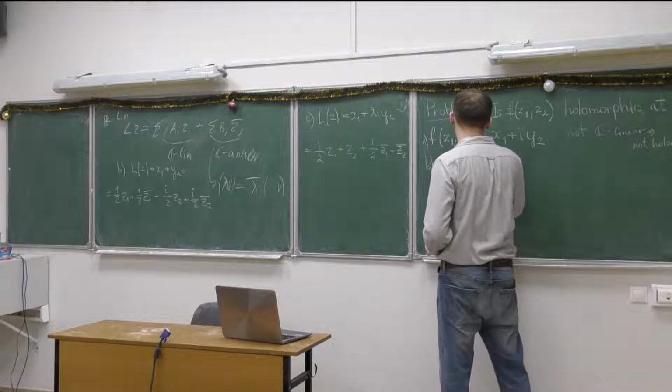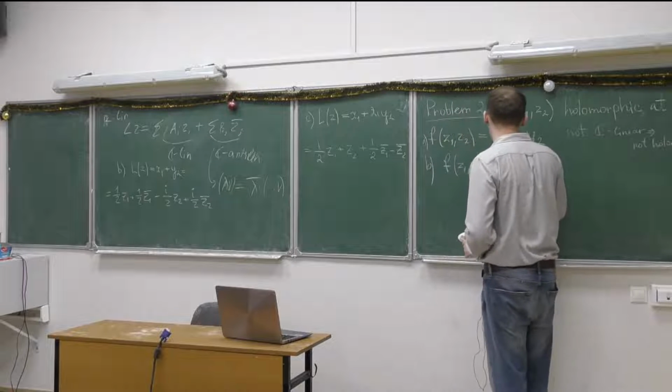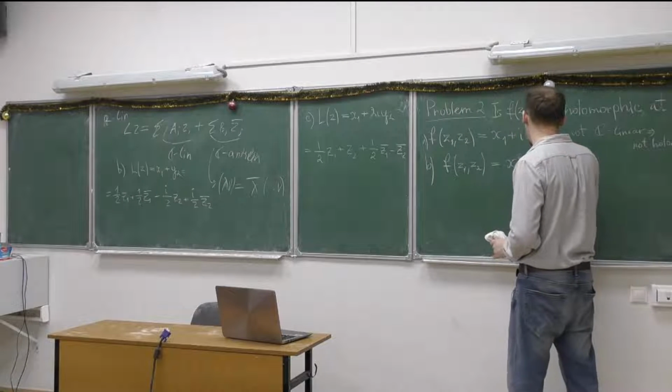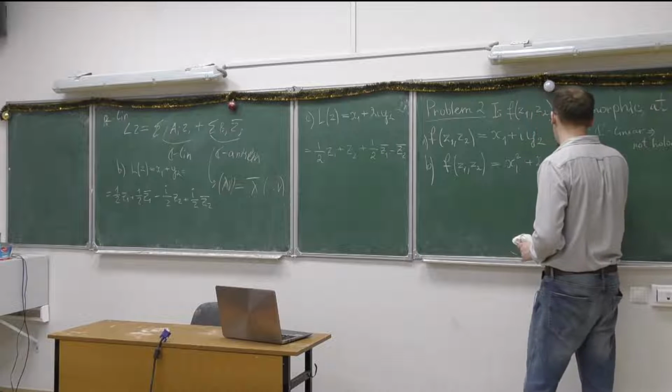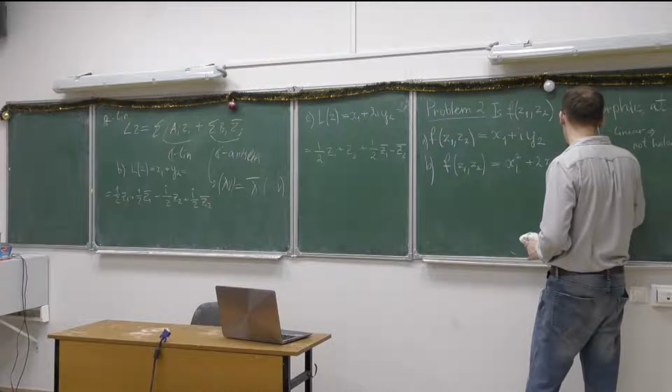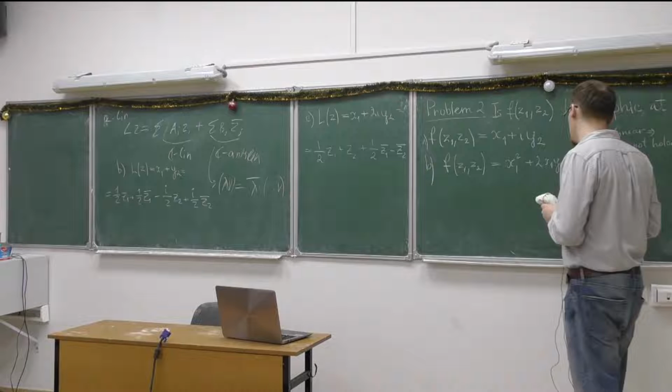Okay, so the next function will be like this: x1 squared plus 2 x1 y1 plus y1 squared.